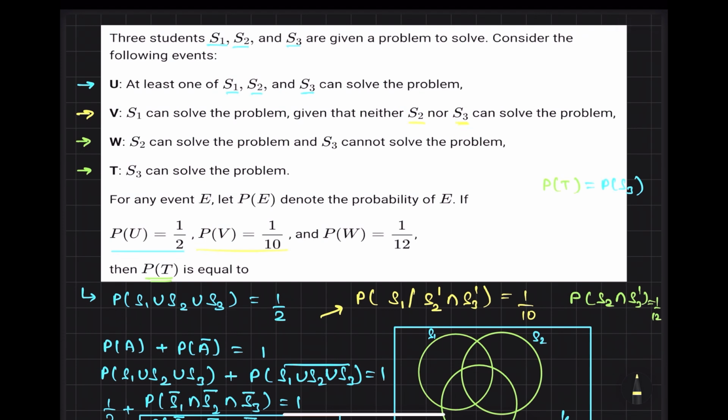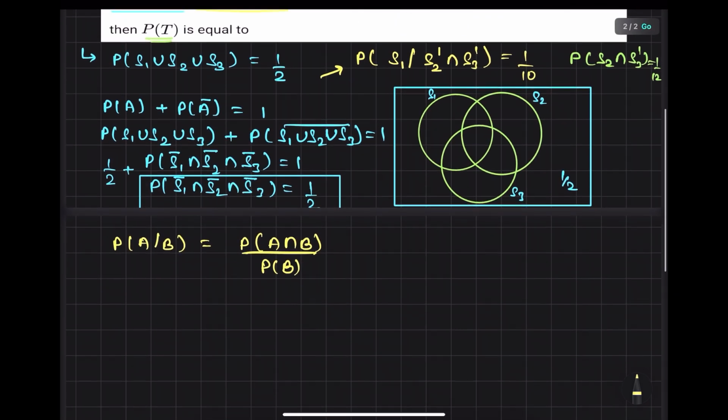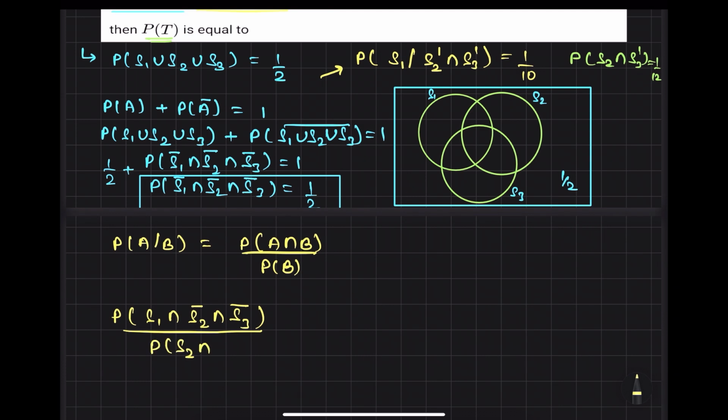Now look at this how we will handle. So can I write probability of S1 intersection S2 not intersection S3 not upon probability of S2 not intersection S3 not.